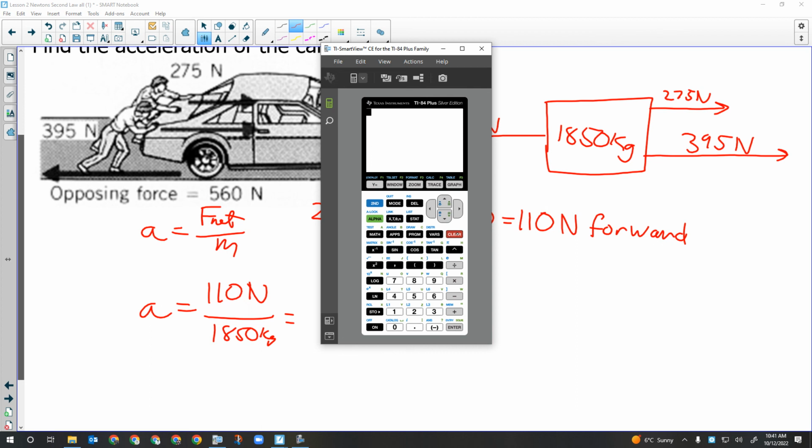Okay, so 110 divided by 1,850. All right, 0.059 or 5.9. Actually, we have 3 significant digits here, so we can go 5.95 times 10 to the minus 2.